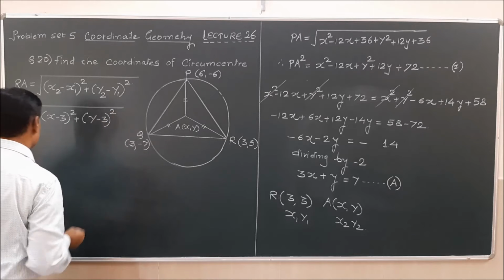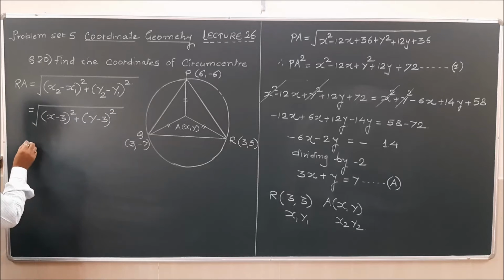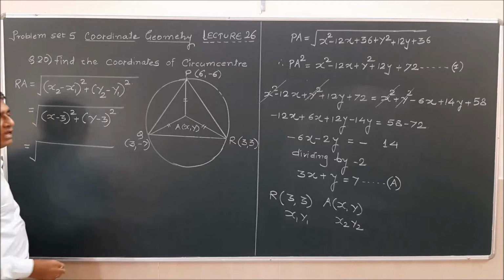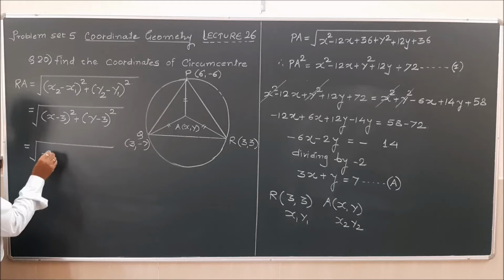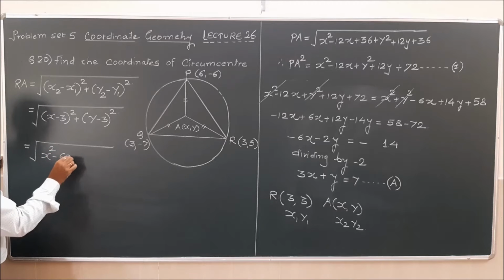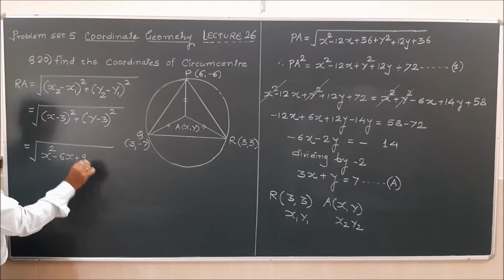Now expanding the first bracket by using the formula a minus b the whole square, so a square minus 2ab plus b square.